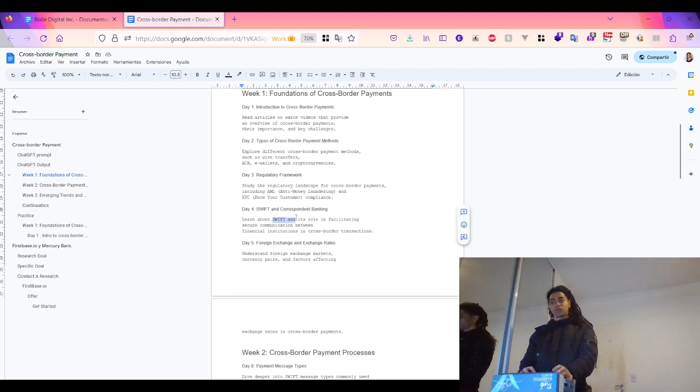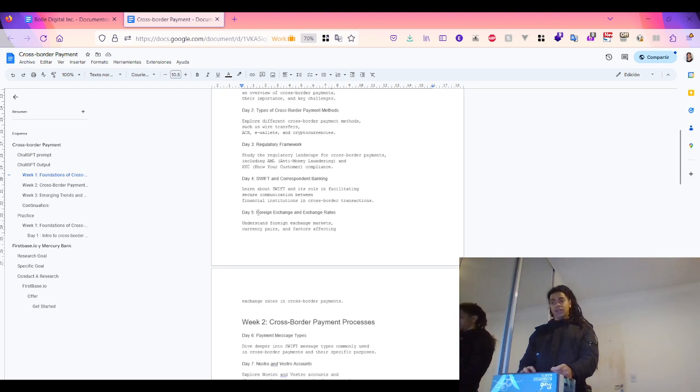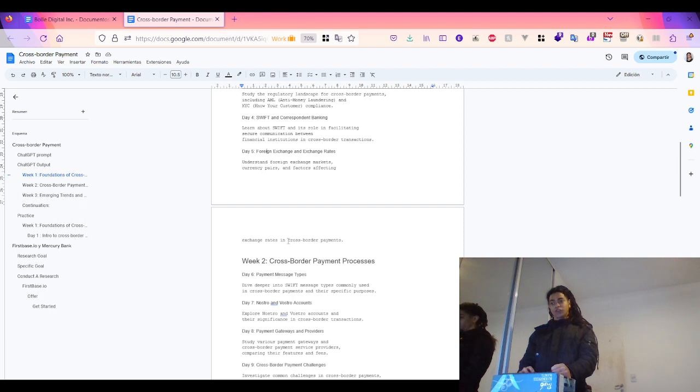Learn about SWIFT and its role in facilitating secure communication between financial institutions in cross-border transactions. Day five, foreign exchange and exchange rates. Understanding foreign exchange markets, currency pairs, and factors affecting exchange rates in cross-border payments as well.